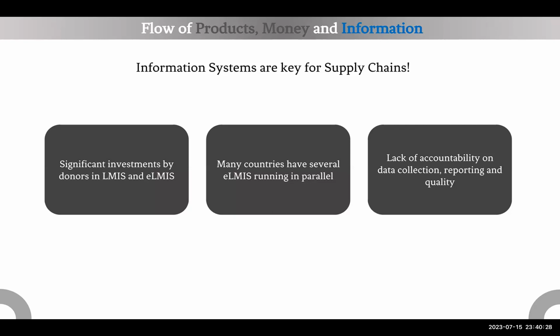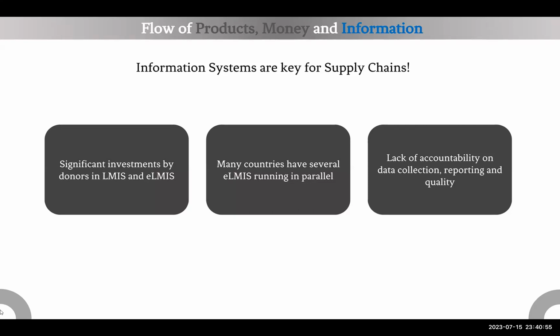So LMIS means Logistics Management Information System. ELMIS is simply the electronic version, which means the data can be collected and reported through a computer or a mobile or a mix of those. So think about an HMIS, Health Management Information System, where you record patients' data.